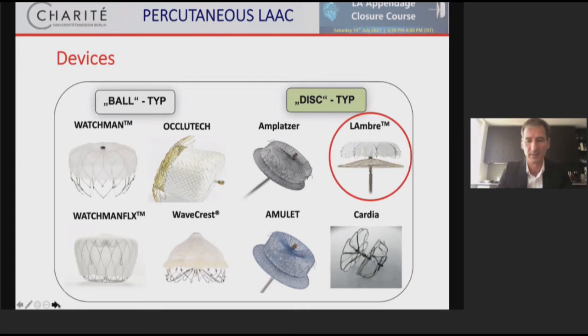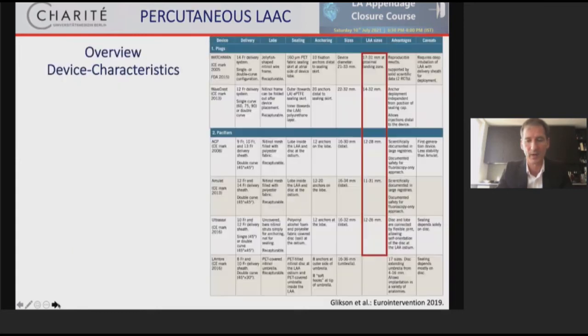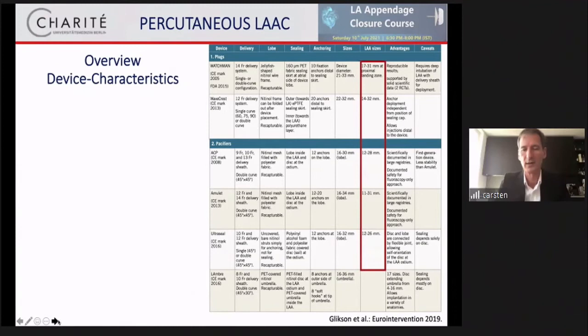This is a Lambre case. And why that is, I show you here. Lambre has certain advantages against the other devices. And you see here typical characteristics in an expert consensus paper. This is really good if you are dealing with LAA, because it's a summary of all the procedures and devices.